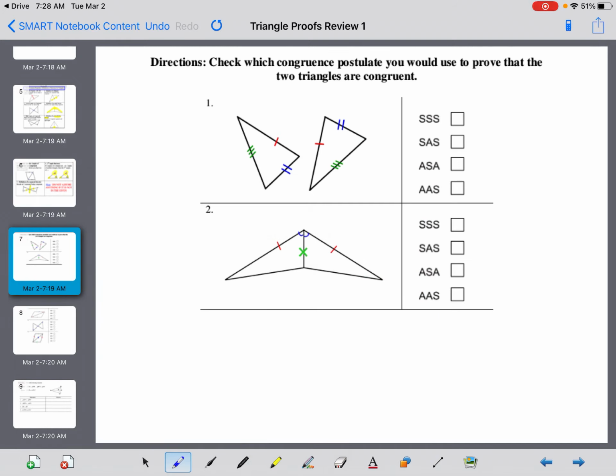All right, so it says, check which congruence postulate you would use to prove the two triangles congruent. Well, I see side, side, side, and side, side, side. So this must be choice 1. Number 2, I see side, angle, side. And on the other side, it's the same. Side, angle, side. SAS.